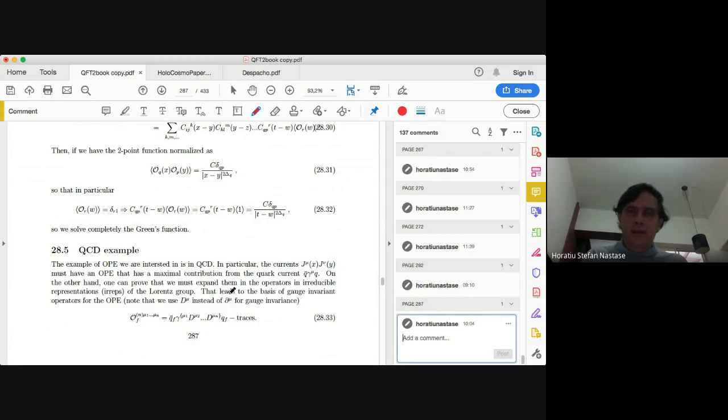In particular, let's think of the 2-point function of the currents: the product of two currents, J mu at x and J nu at y.